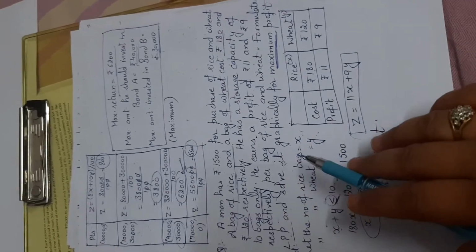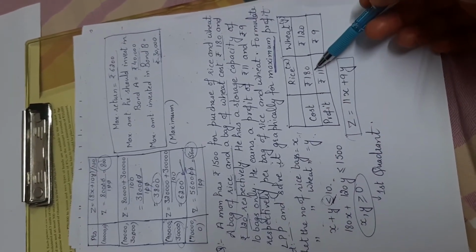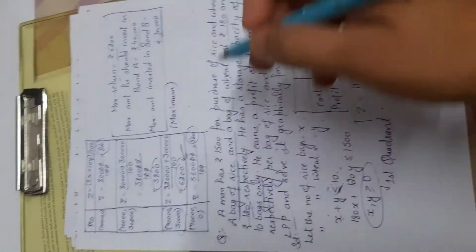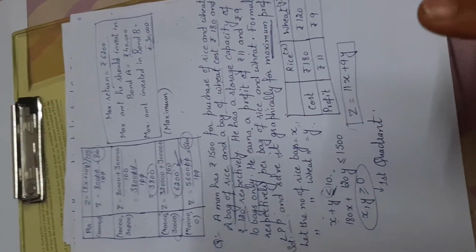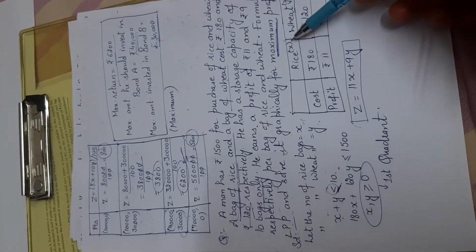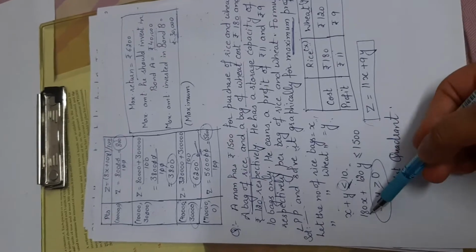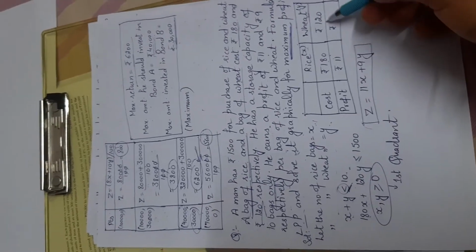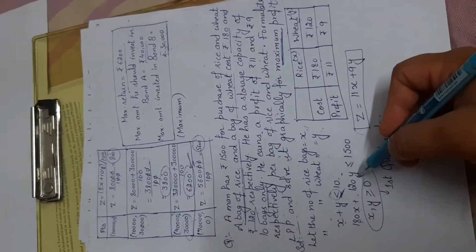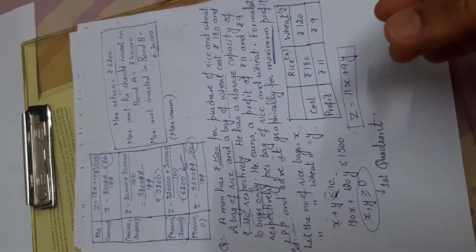Now second thing, we have the cost of 180 per bag, because a bag of rice costs rupees 180. That means it is one bag's cost, and the total rice bags are X bags. So 180x plus 120y. A man is having rupees 1,500. Again it is just like an investment.